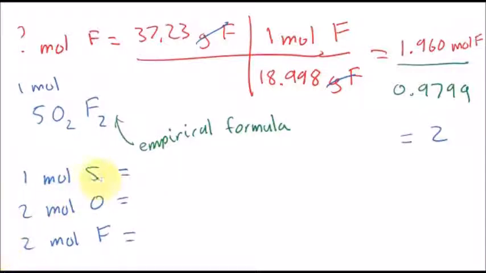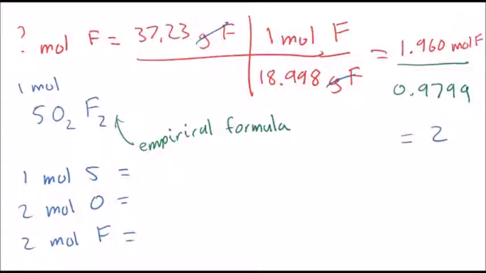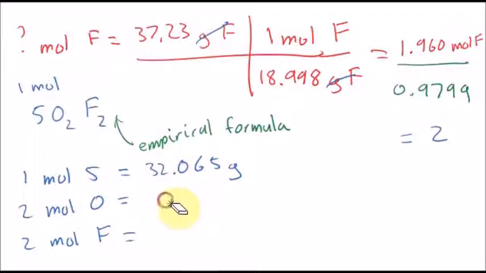So 1 mole of sulfur, if you look at the periodic table, is going to have a mass of 32.065 grams. 1 mole of oxygen has a mass of 15.999 grams from the periodic table, so 2 moles of that is going to have a mass of 31.998 grams, and then 1 mole of fluorine, we just had this information here, has a mass of 18.998 grams.